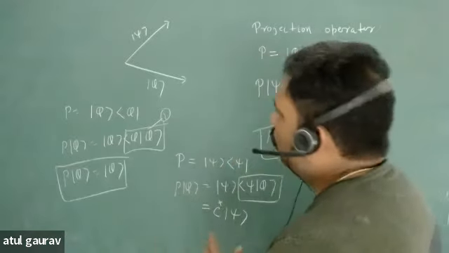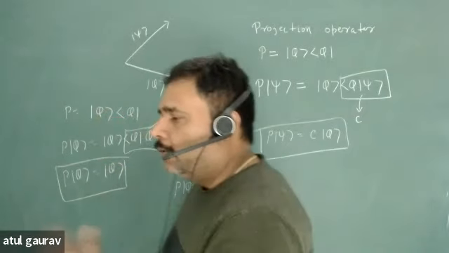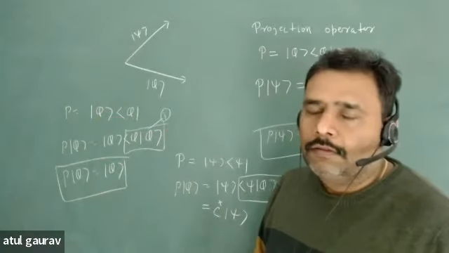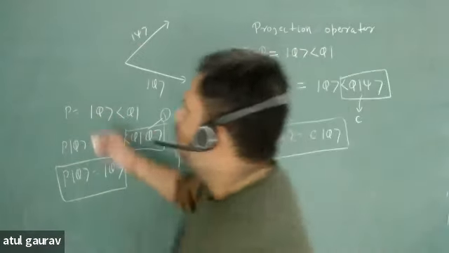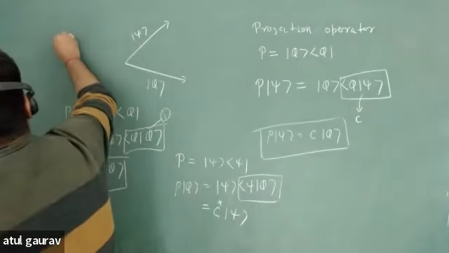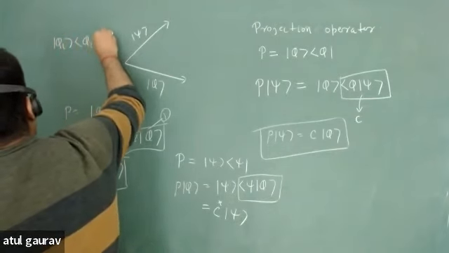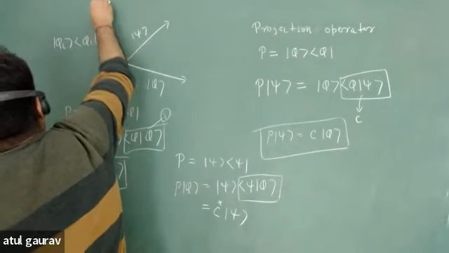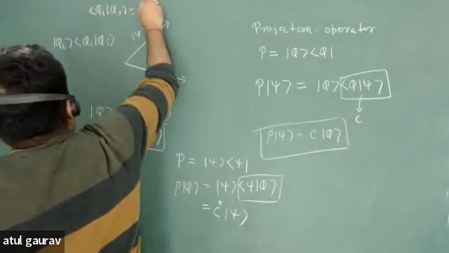Now suppose you have two orthogonal vectors, then what will be the projection of one vector onto the other one? 0. So you can take it. Suppose you are making a projector operator of i, you are going to operate on j, where phi i, phi j is equal to delta ij.